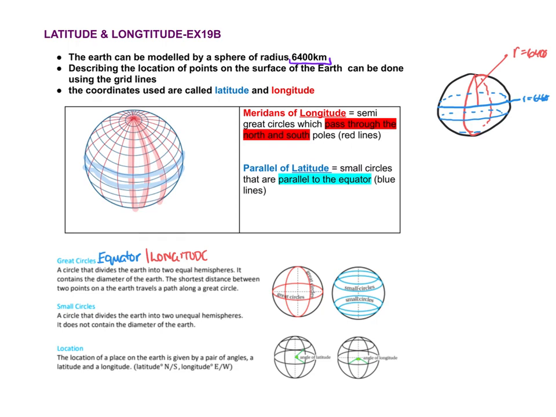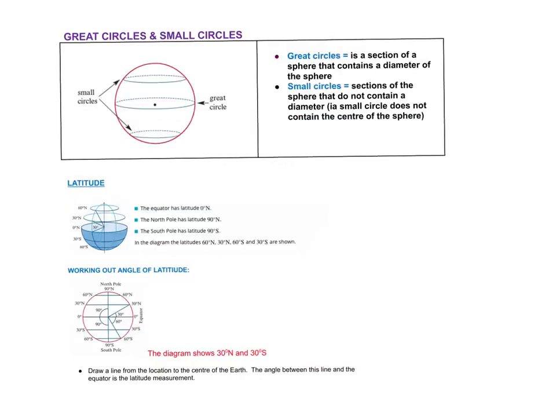So let's have a look a bit at this. As I said, we can get great or small circles. So in the latitude, up here you can see that circle is smaller than the equator one, which is down there in the middle. All right, so when we talk about latitudes, we talk about where we are in terms of the equator.